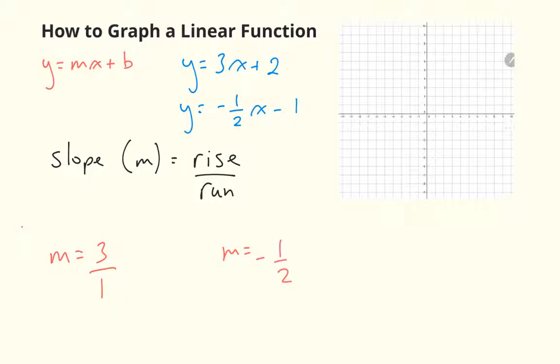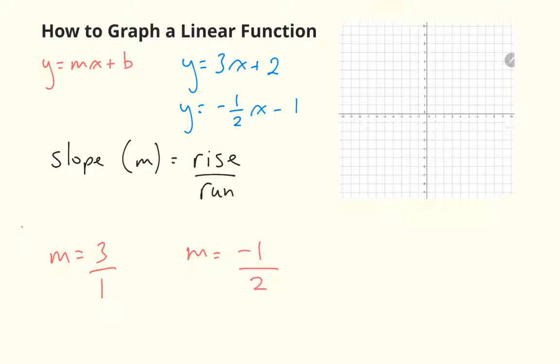Now, I usually encourage students to recognize, first of all, that when a slope is negative, that line is going to go diagonally down to the right as you draw it. So first of all, good to know that. Second thing, I would encourage that if you have a slope with a negative, you commit to putting the negative either on the top or the bottom of the fraction.